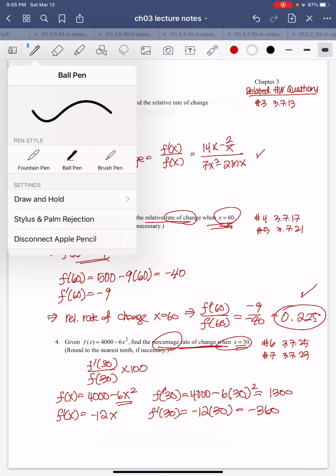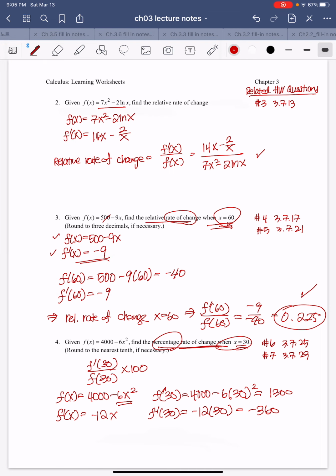So percent rate of change is f prime over f. Let me in fact just copy right over here and plug it in.